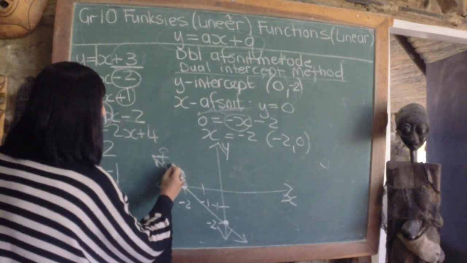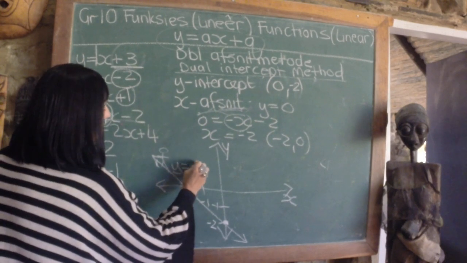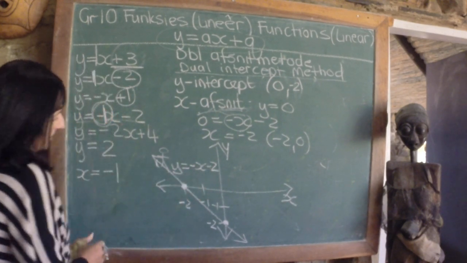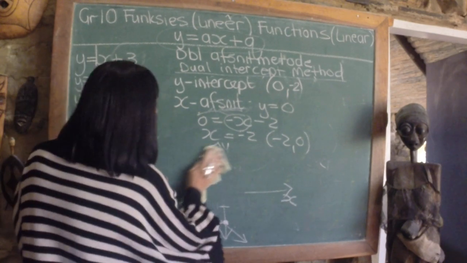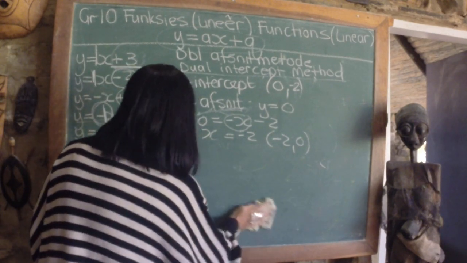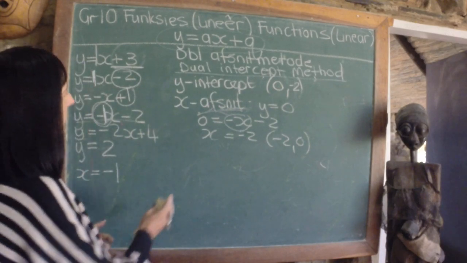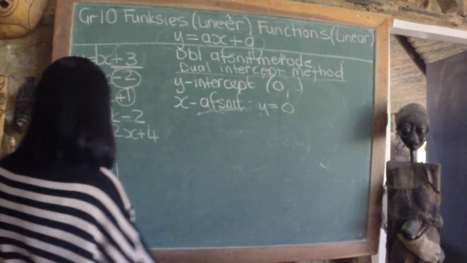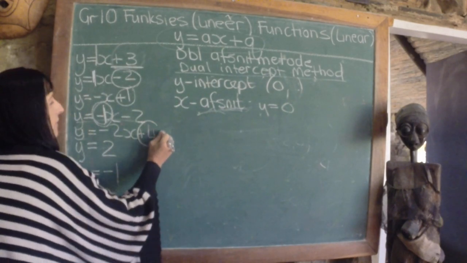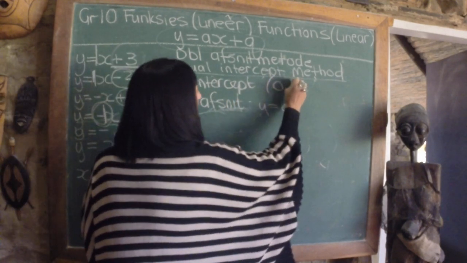Okay, let's do this one. Remember to write your name of the graph on it. Beautiful. Kom ons doen die volgende enetjie. Dit is so maklik en lekker om dubbelafsnit metode te gebruik. Ons gaan weer kyk, kom ons gaan kyk na hom. Wat is my y-afsnit? Y-intercept plus 4.